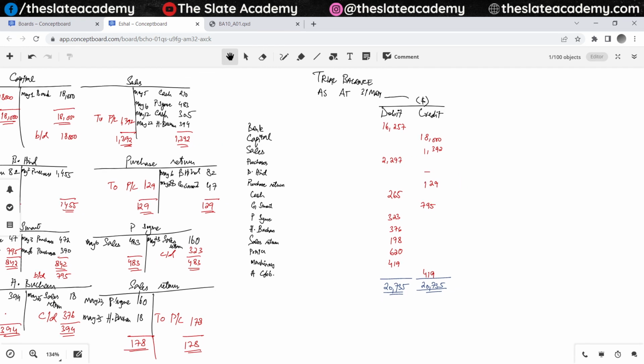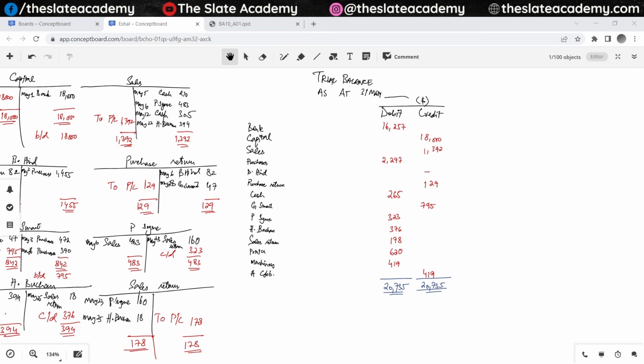ठीक है जी. Now let's use this, or shall we use a separate one? Acha, in this one they haven't given us the closing inventory, the purchases. Let's not use this one. For the financial statement practice, I'll give you slightly different questions and we'll practice on those.